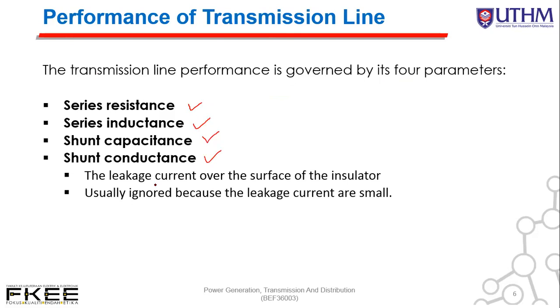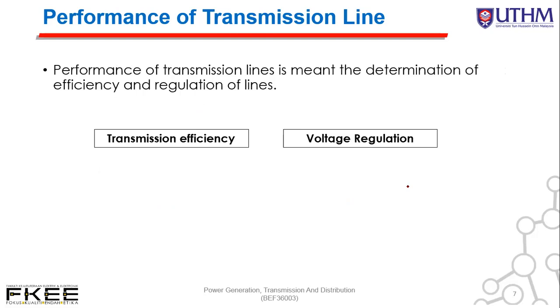But the shunt conductance happens due to the leakage current over the surface of the insulator, so we can ignore it because the leakage current is normally very small. In terms of performance, basically we want to determine efficiency and the voltage regulation.